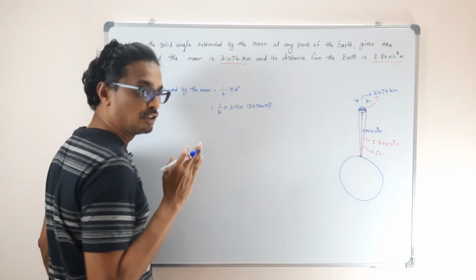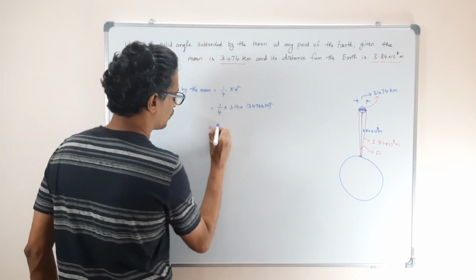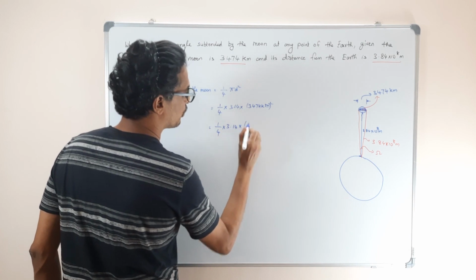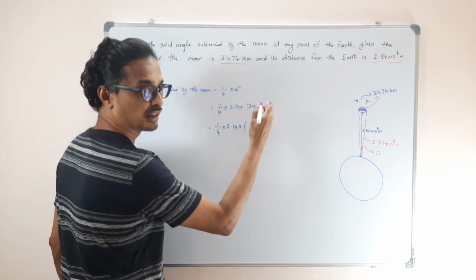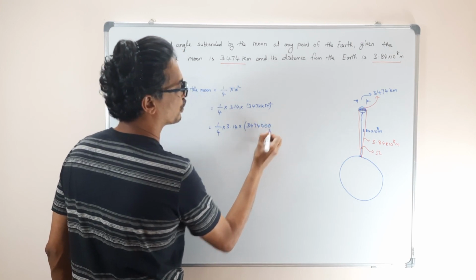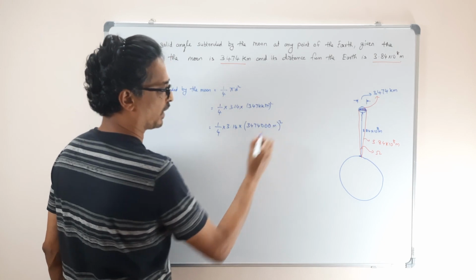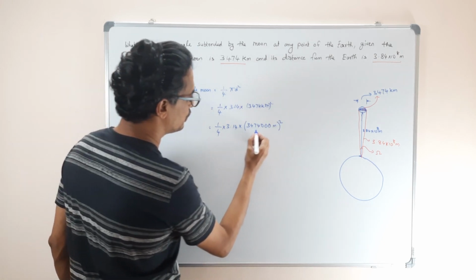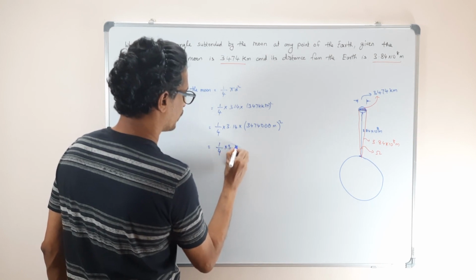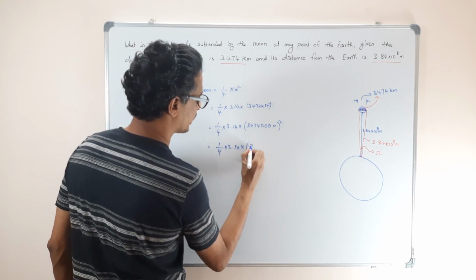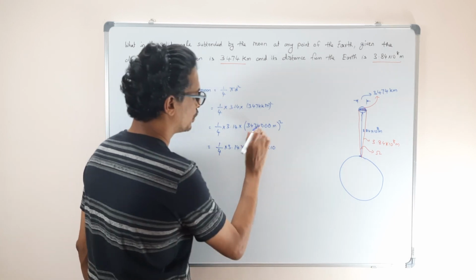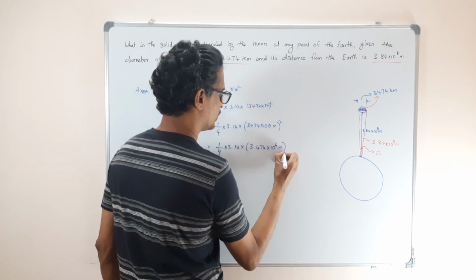So let us convert this into meter units. 1 kilometer is 1000 meters, so d is 3474000 meter. I can write that as 1 by 4 into 3.14 into 3.474 into 10 to the power of 6 meter square.